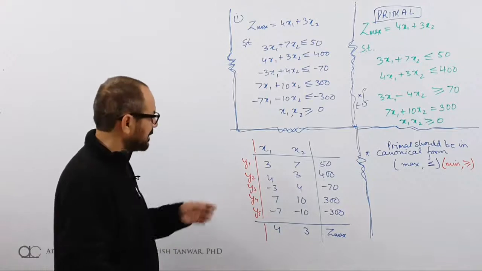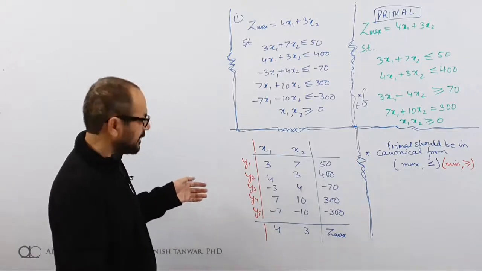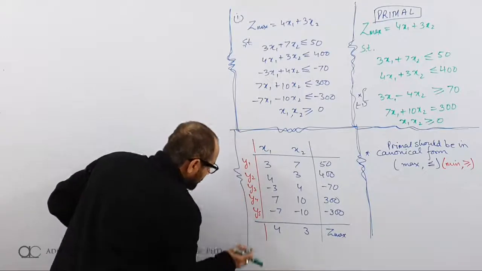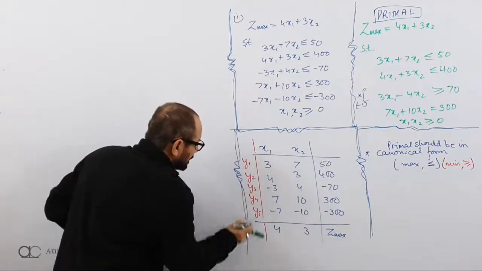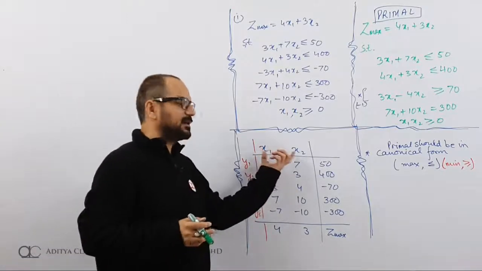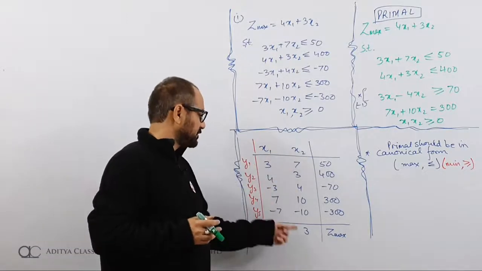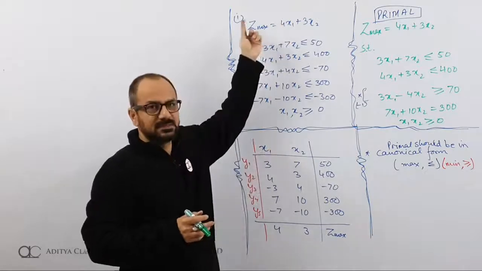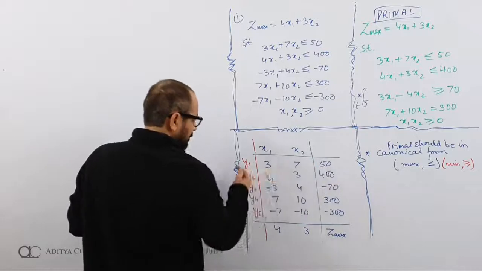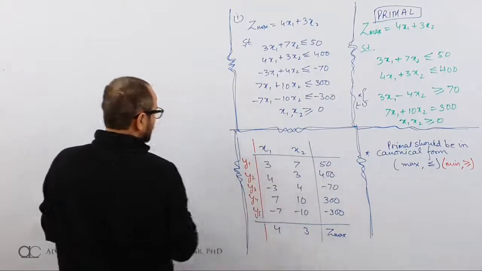Now, if these are my variables, what will be my objective function? We very well understand that the objective function comes from the given variables. Earlier the variables were x1, x2, so my objective function was 4x1, 3x2, Z max. Now, if these are my variables, my objective function would be 50y1, 400y2 and so on.